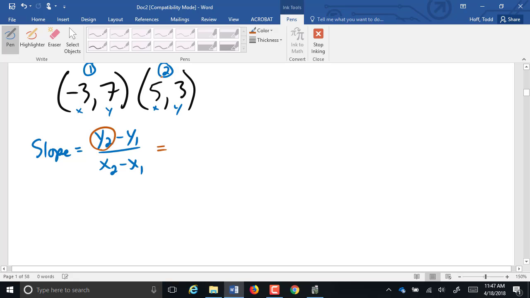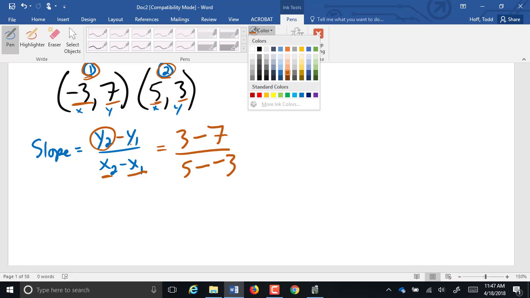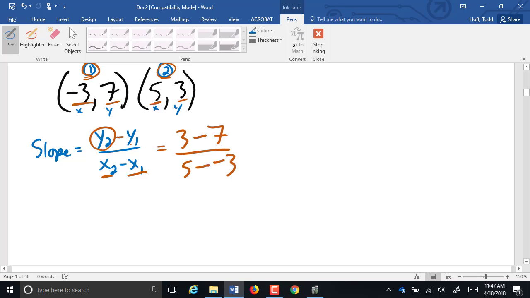So y2, point 2's y coordinate, is 3, minus y1, point 1's y coordinate, is 7. x2, point 2's x coordinate, is 5, minus x1, point 1's x coordinate, is a negative 3. So we're going to have to be careful here.